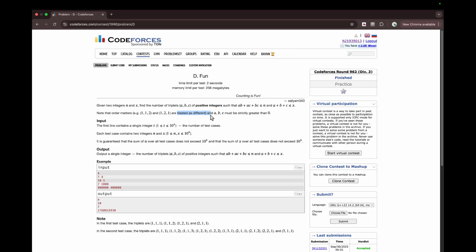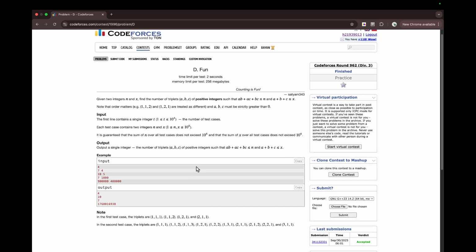Okay, so we need to find how many triplets are valid, so that this condition and this condition hold.